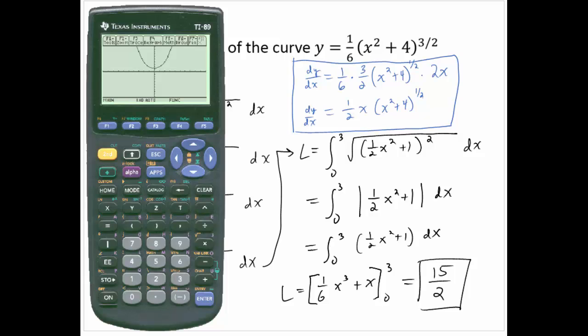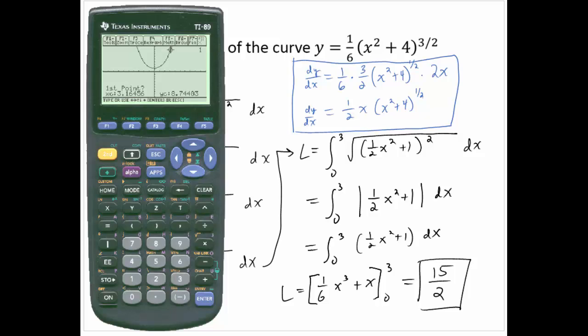And so here's the graph. And if you go to the math submenu of the graphing feature, so under F5, if you scroll down for a while, you'll see an option for arc. Alright, so it's option B, and hit enter. And it now asks for a first point and a second point.